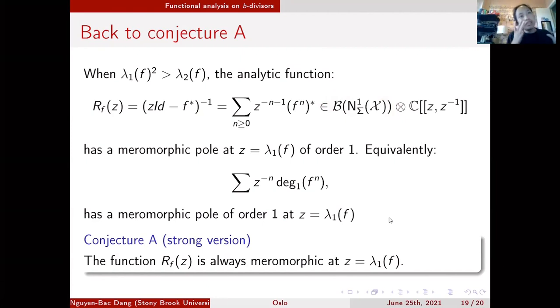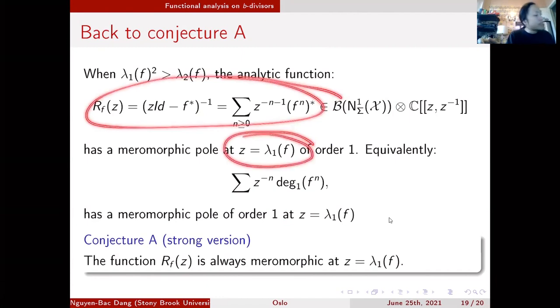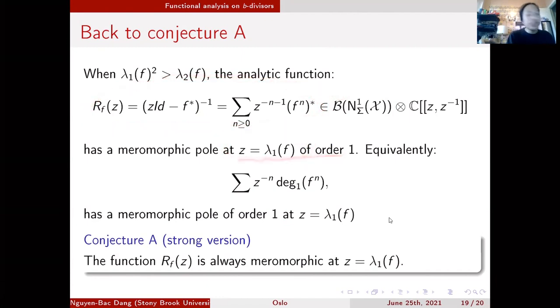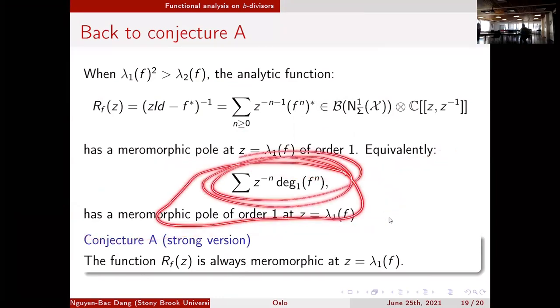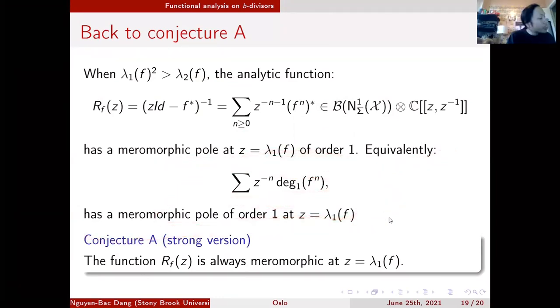And what we showed actually is that this resolvent has a meromorphic pole at z equals lambda1, and this pole is of order 1. You can say it equivalently for this sequence: it also has a meromorphic pole of order 1 at z equals lambda1.